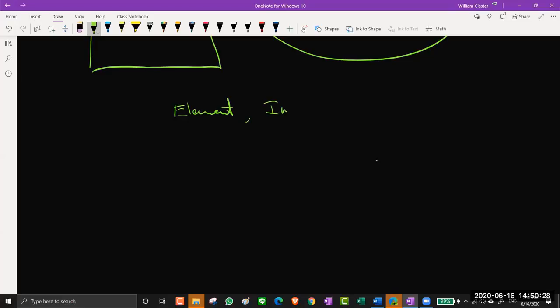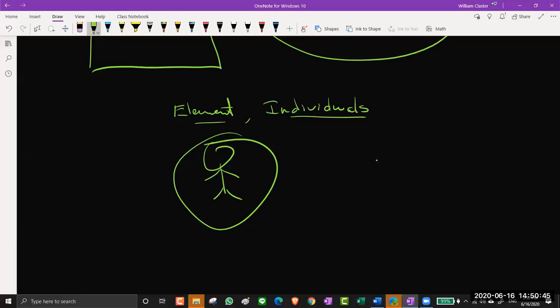Individuals. Right. Okay, everyone remember this? Element or individuals, right? So remember we talk about the elements or the individuals, maybe they're people, and then we can measure what?